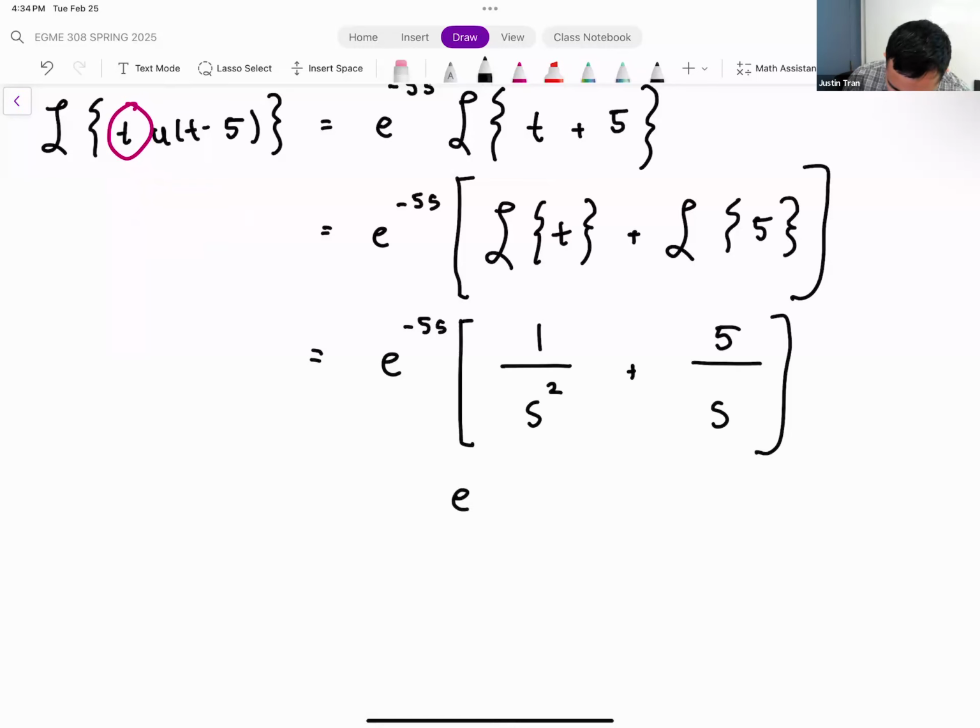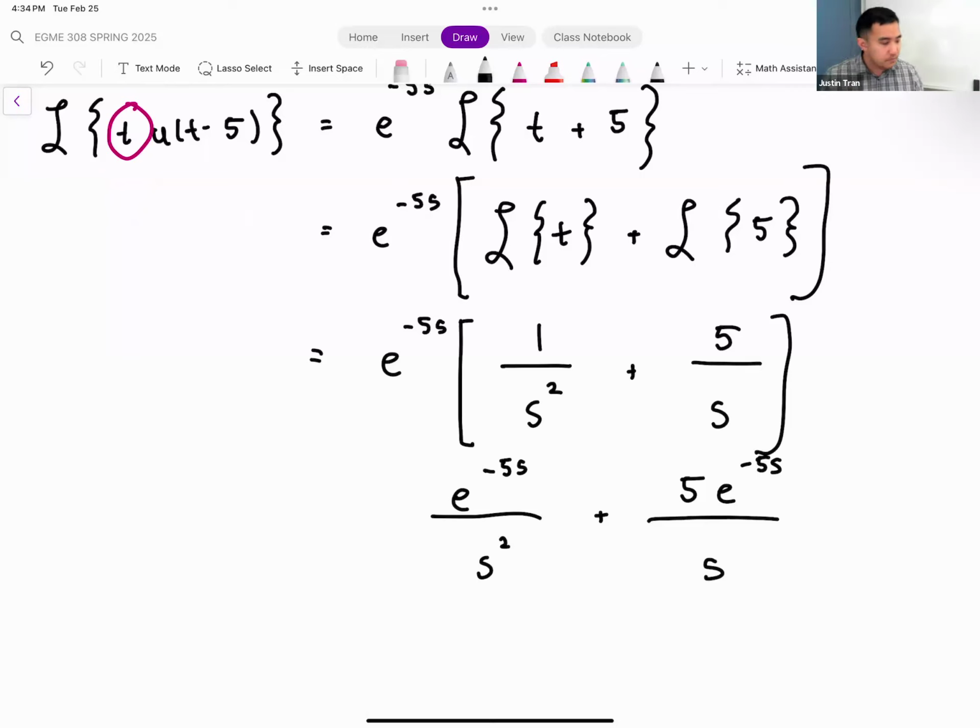And so this just ends up being e to the minus 5s all over s squared plus 5e to the minus 5s all over s.